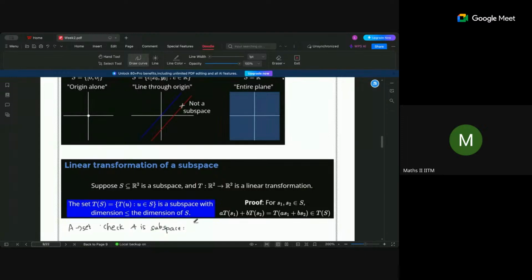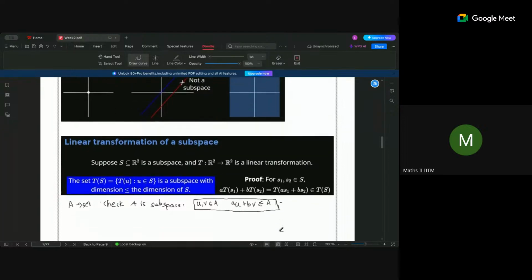Instead of checking addition and scalar multiplication separately, what is usually done? You take two elements from A, take a linear combination, and check if it is in A. If this holds for every u, v, then A is a subspace. This is the condition you usually use for checking that a given set is a subspace.